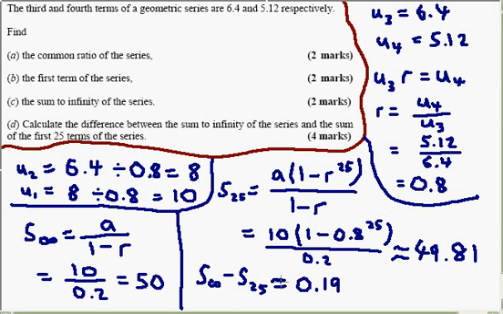Approximately. That should be an approximately sign there. So that was 10 marks for all of that. Make sure you understand each piece of the puzzle.